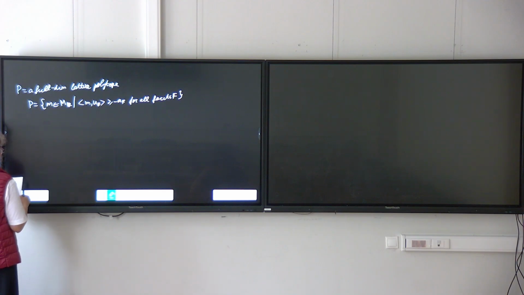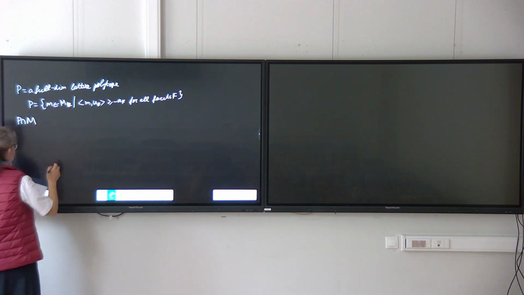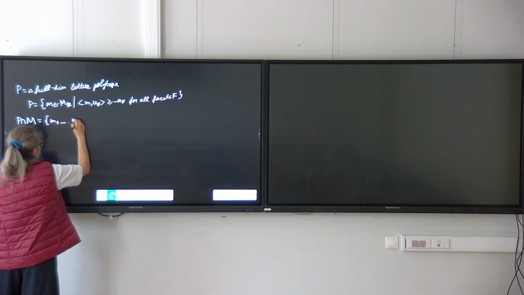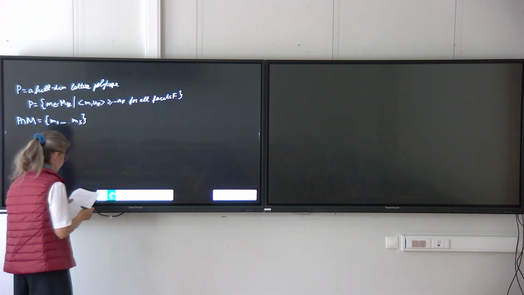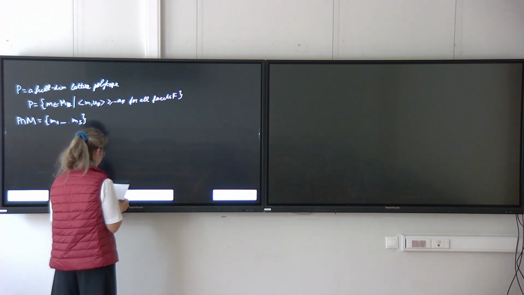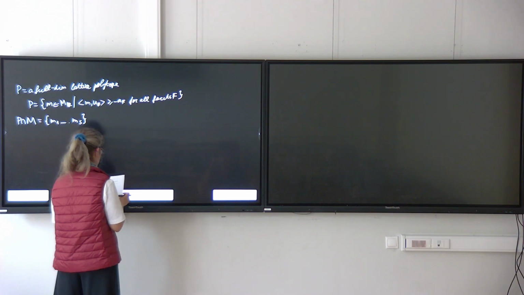If we take P intersected with M, the set of points which we can define M1, etc., MS, we can just take this closure.